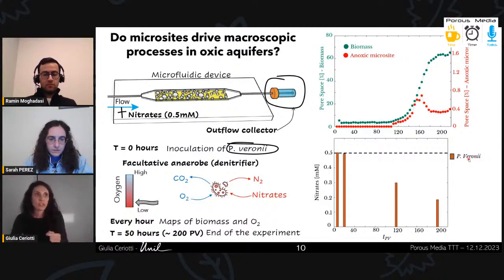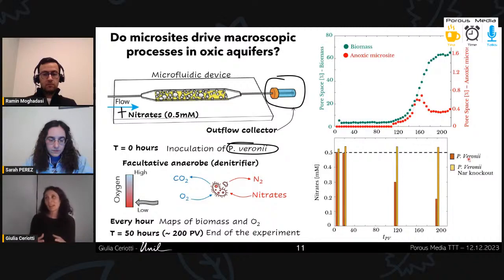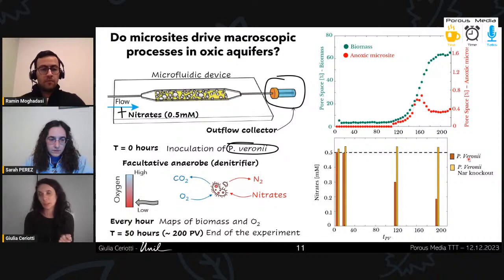How can I be sure that it's anaerobic respiration and not just some abiotic factor? So what I did, I ran the experiment again with a genetically modified Pseudomonas veronii. We asked our fundamental biology department to modify the genome of veronii and to knock out the gene that enables Pseudomonas veronii to perform the denitrification.